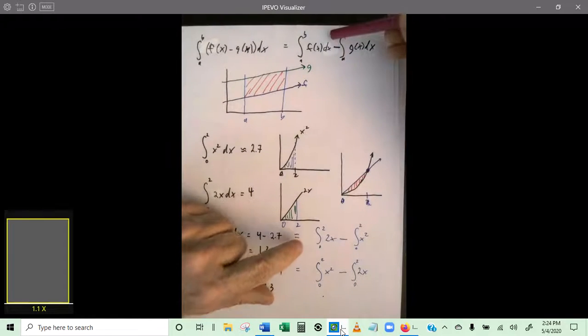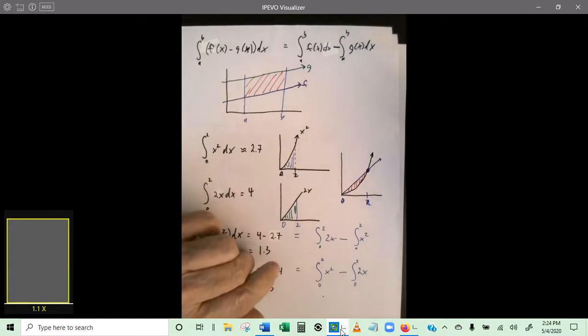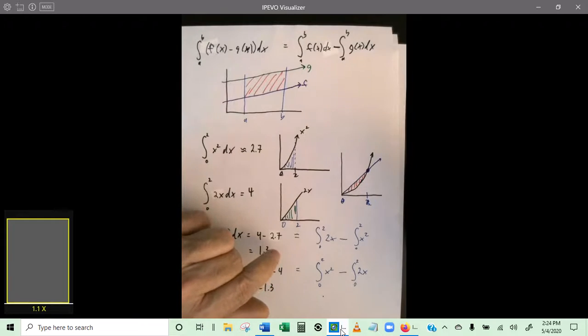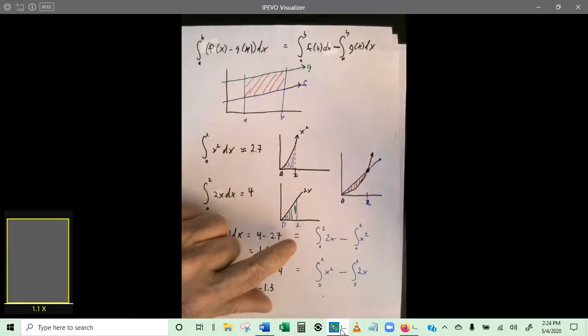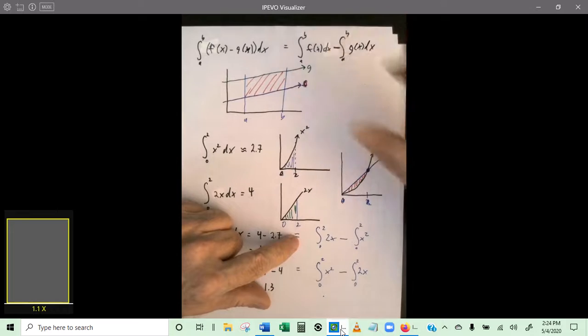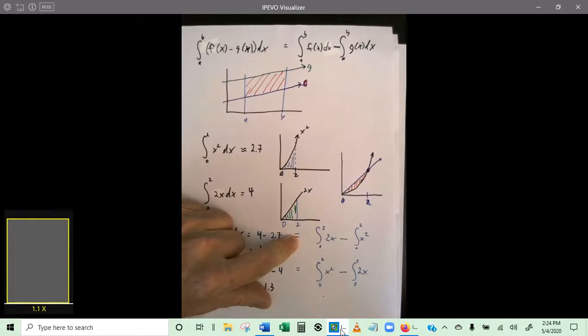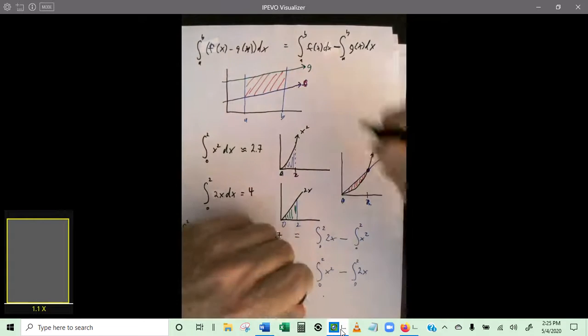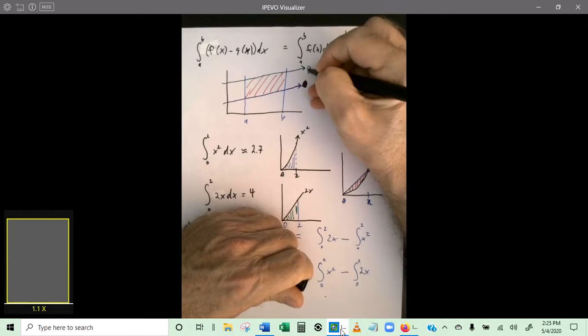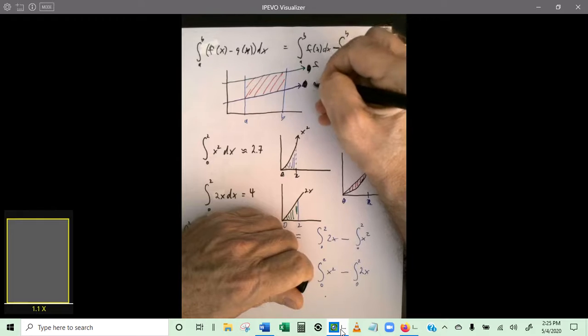So in effect, what we're doing here is, and I've got this entirely backwards here. Let me get my black pen. I've got these labeled differently, opposite ways. This would be f and this is g.